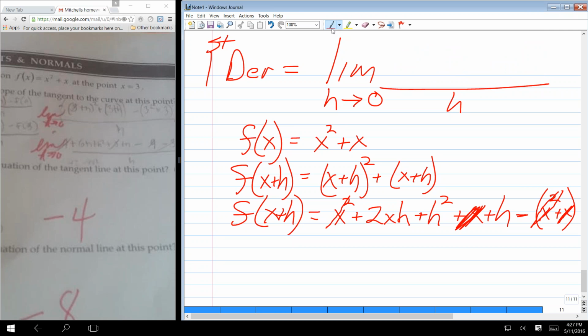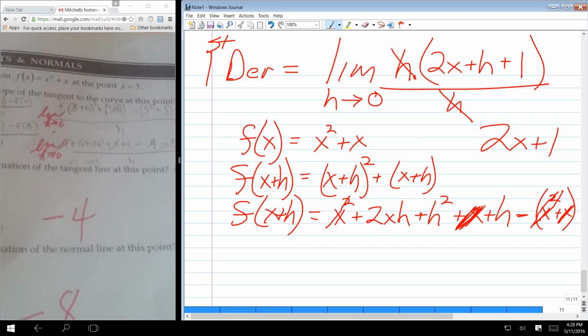You factor an h out because every term's going to have an h in it. So it's h times 2x plus h plus 1. Now, that cancels with that, and now what is that limit? 2x plus 1. Correct.